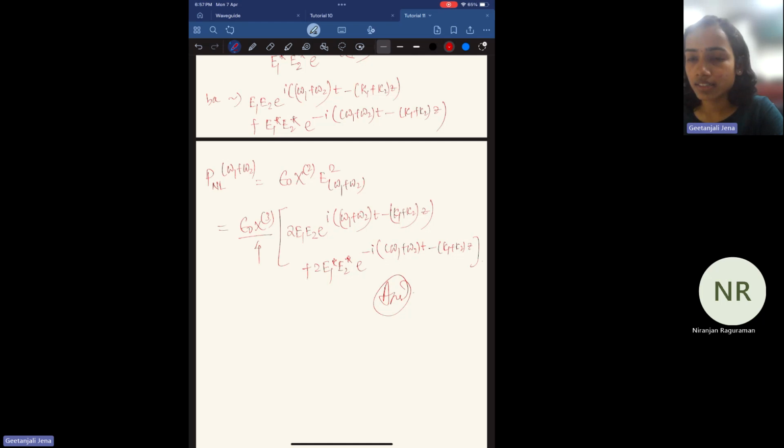Broadening means delta omega. When delta omega is positive, we say this is a positive chirp, and when delta omega is negative, this is a negative chirp. This is just a definition, the terms that we are using.